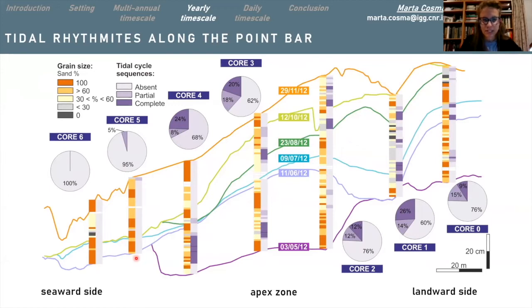Last but not least, tidal rhythmites occur in protected areas, such as this local scour here. You have tidal rhythmites in both core 3 and 4, and they are preserved in the lower point bar deposits.